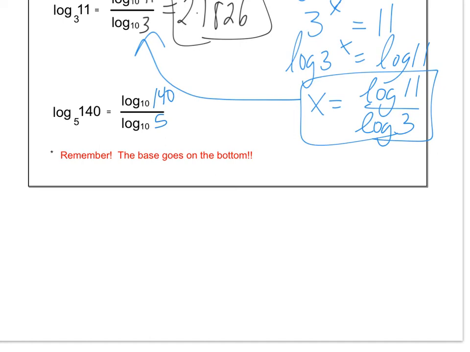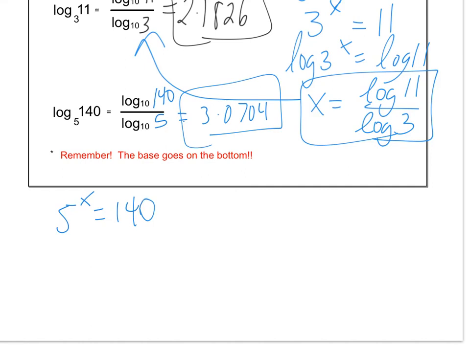And just like that, I'm done. 3.0704, and we now know 5 to the 3.0704 equals 140, but if we didn't remember the change of base formula, you can rewrite it in exponential form and then take the log of both sides to find the exact same value. So that's the theme for section 7.6, common logarithms.